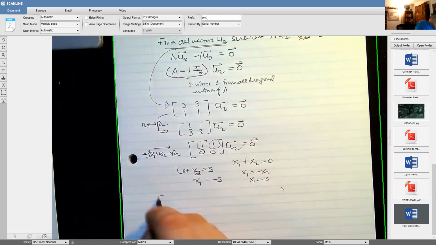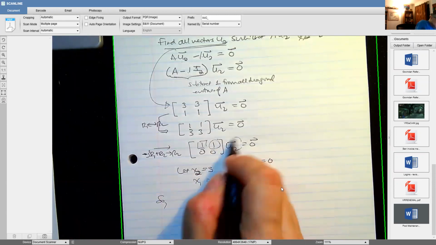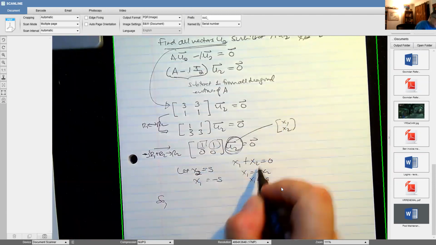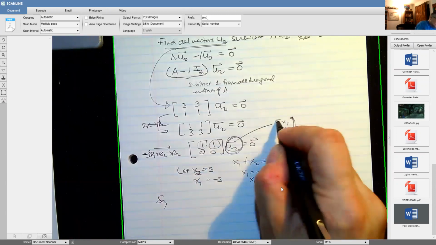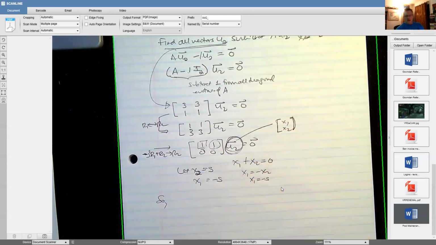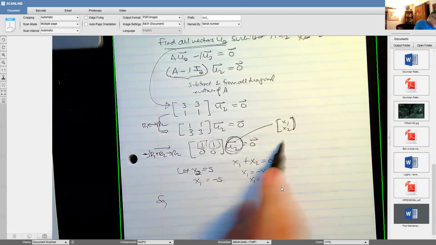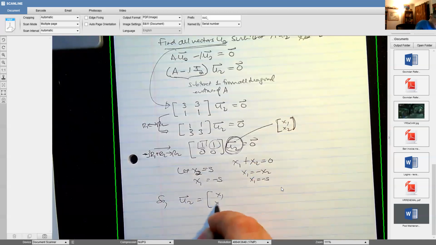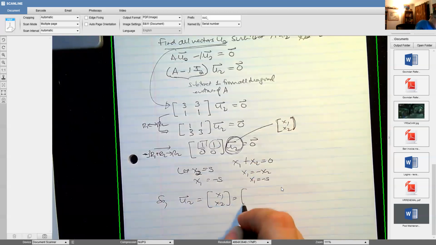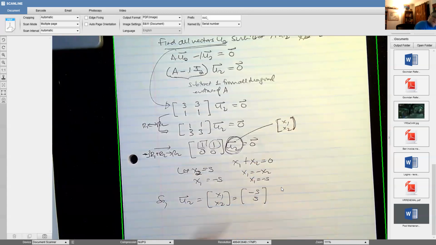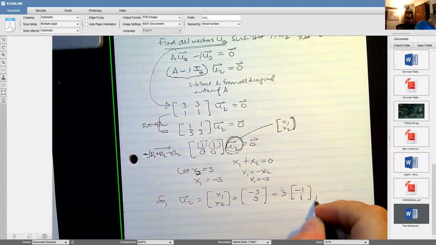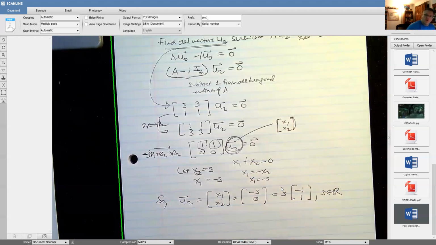Okay, so what we conclude, these unknowns, remember I called this unknown x1, x2. That's where these x1s and x2s are coming from behind the scenes, right? Those are the components of our unknown vector u2. So u2, well, those are these vectors. If you plug them in, you get negative s, s, and I'm going to pull out the s. And s could be any real number it wants to be.